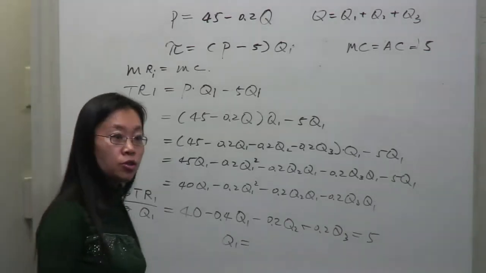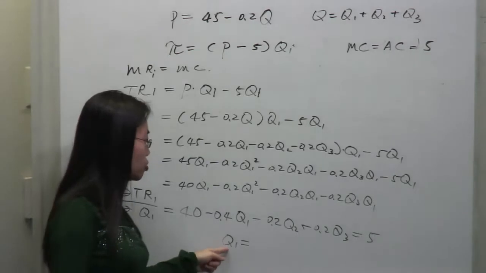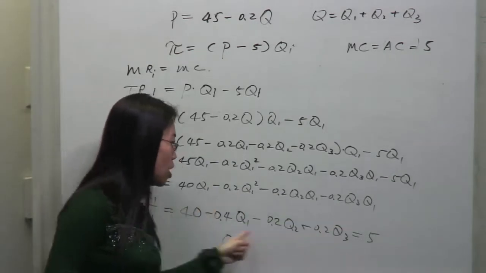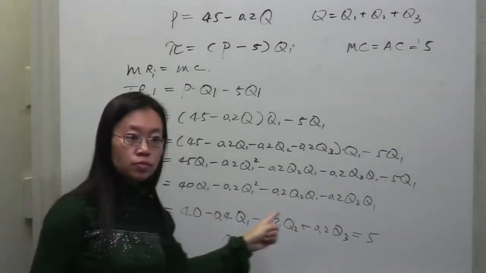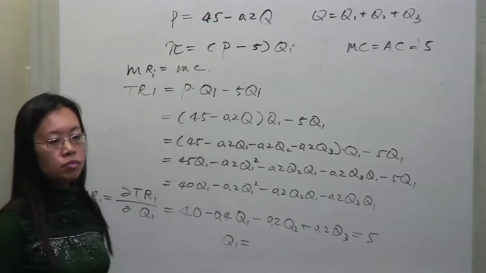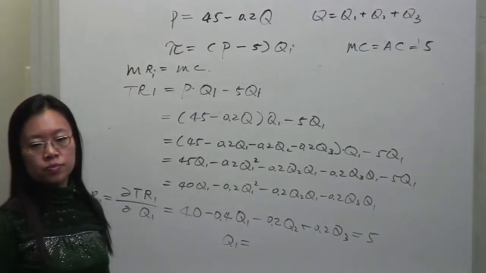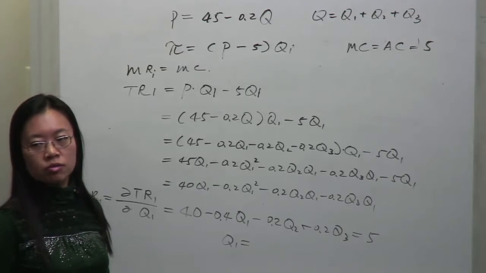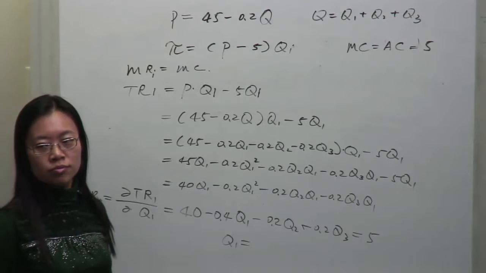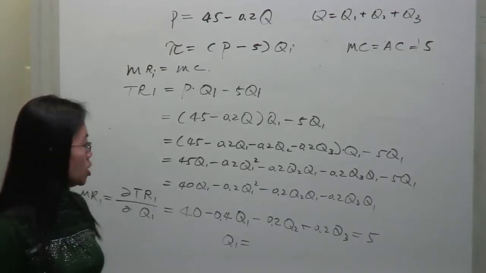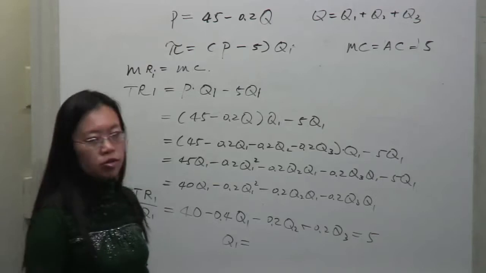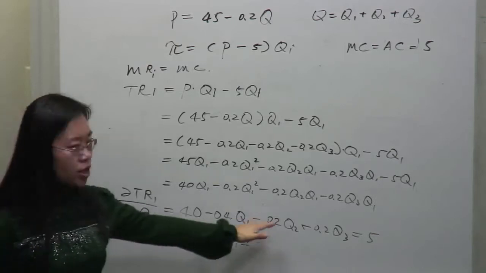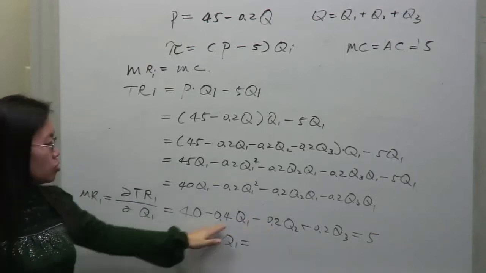Do you know what I'm asking you to do here? I asked you to solve for Q1 from this equation. Justin, work on it. You're not just dividing 35 by 0.4; you have to rearrange this. How do you solve an equation?